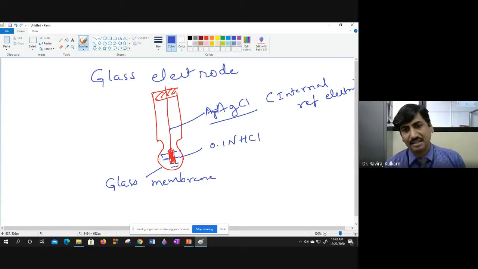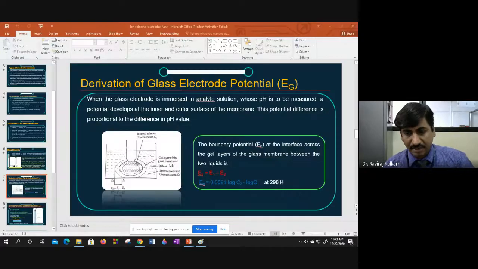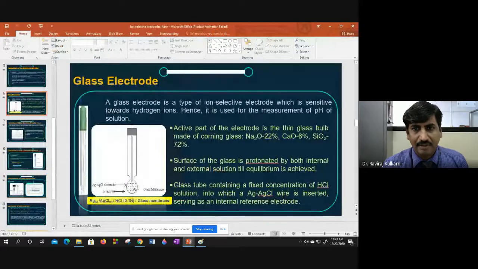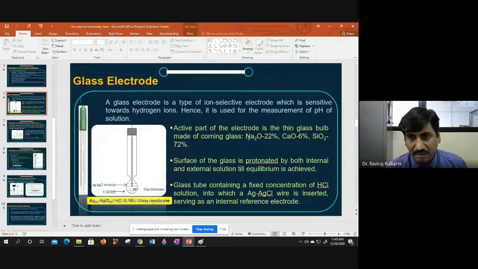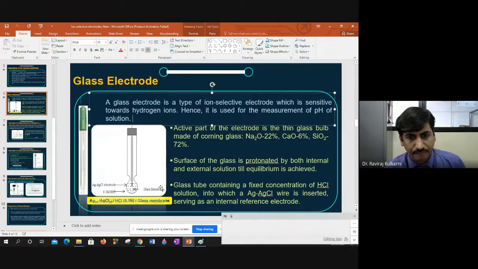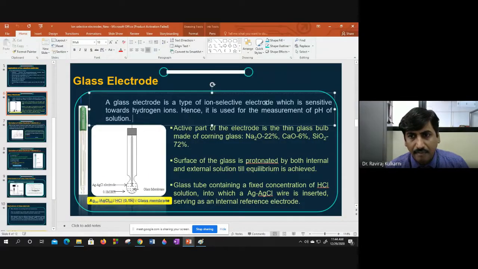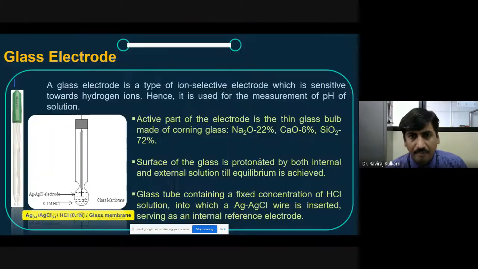It contains a very high quality glass, which is made up of Na2O 22%, sodium oxide, calcium oxide 6%, and SiO2 72%.